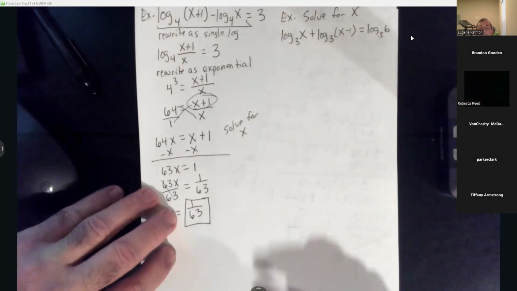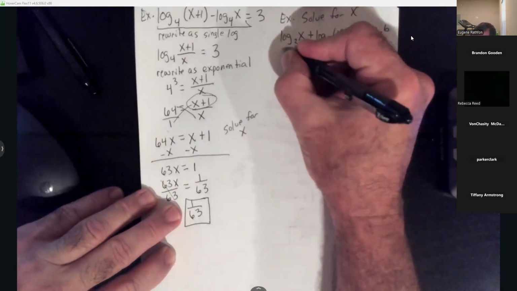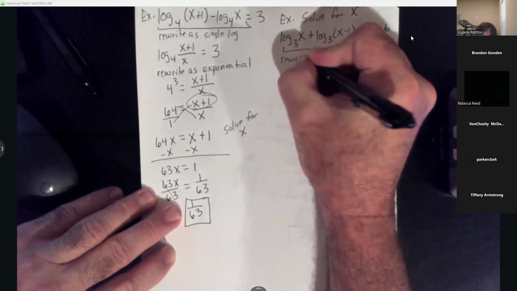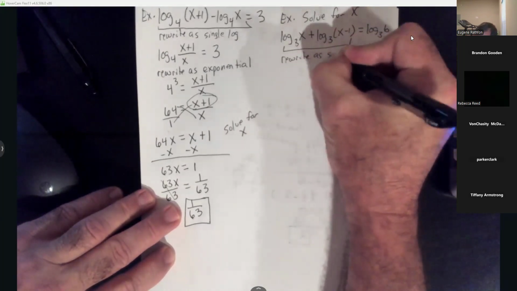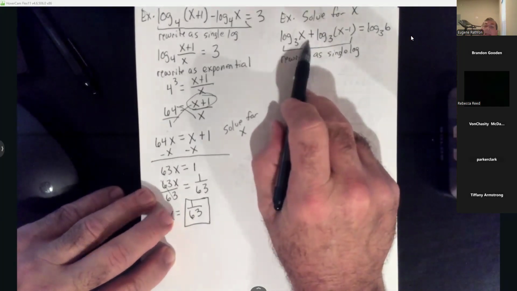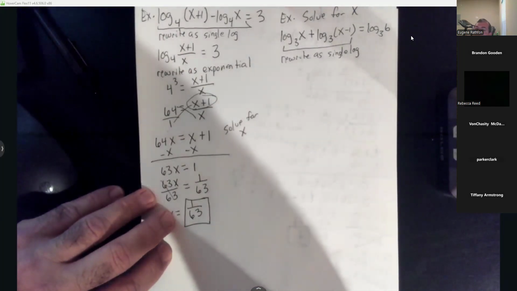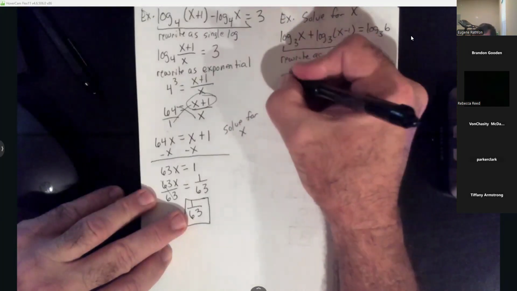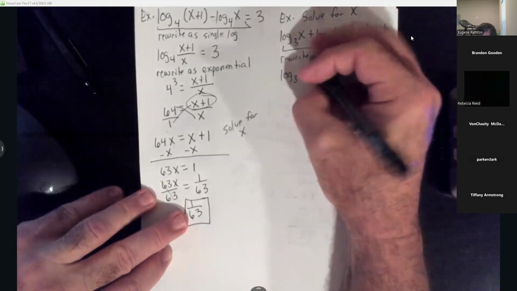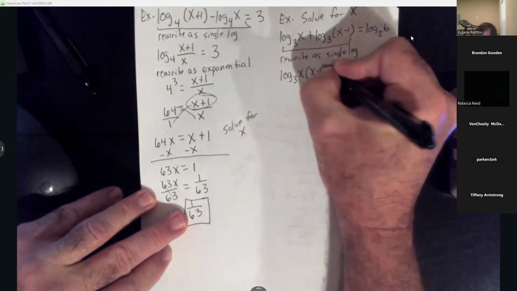So y'all, the first step here, left side's got 2 logarithms. We need to rewrite these as a single log. They're being added, so since they're added, this will look like a product. So we got our log base 3, and the product will be the x times the x minus 1.